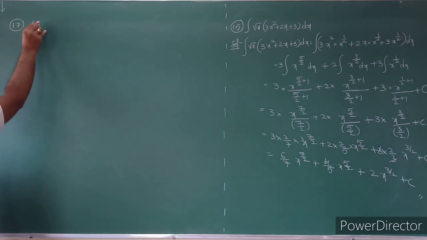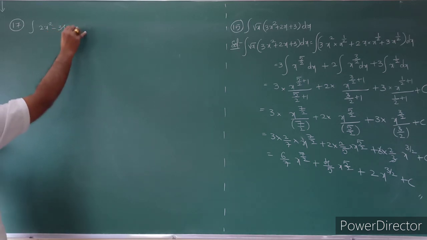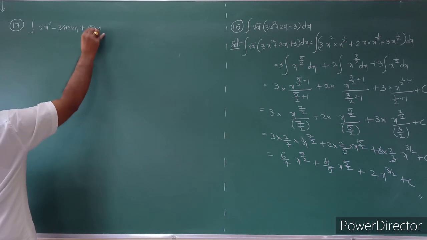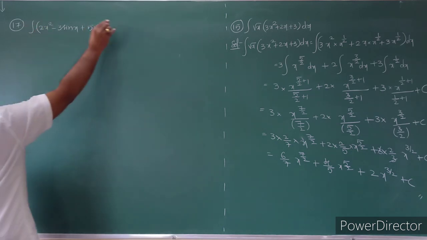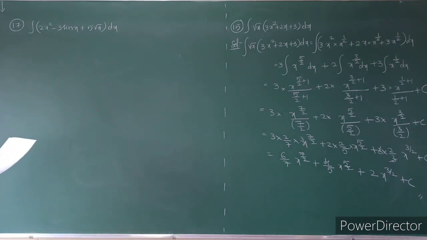Integral of 2x square minus 3 sin x plus 5 root x into dx. Okay, students? See that one.